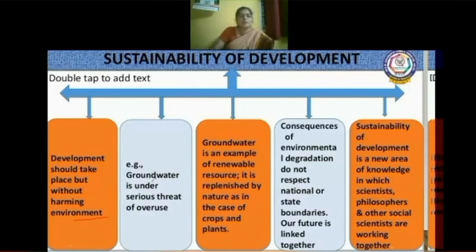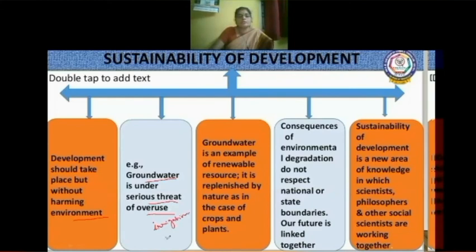Now, groundwater is deteriorated or degraded. It has gone totally below the zero level, and it is a threat due to overuse. It is due to modern irrigation systems or modern cultivation.